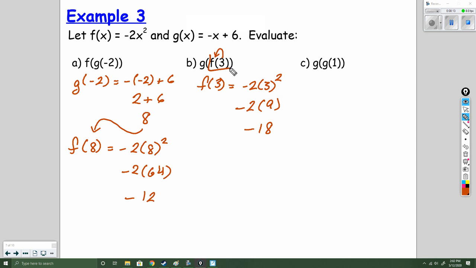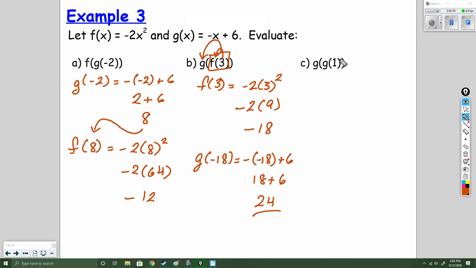Now whatever we got for f of 3, we're going to plug that into g. So that means g of negative 18. That's the opposite of negative 18 plus 6. So that's just 18 plus 6, or 24. So g of f of 3 would be 24.